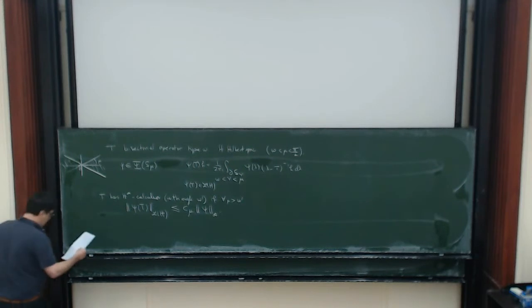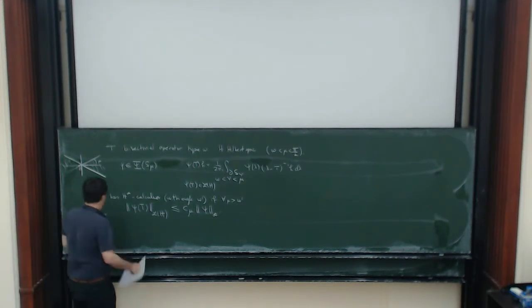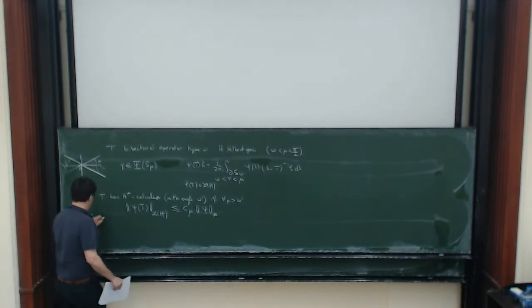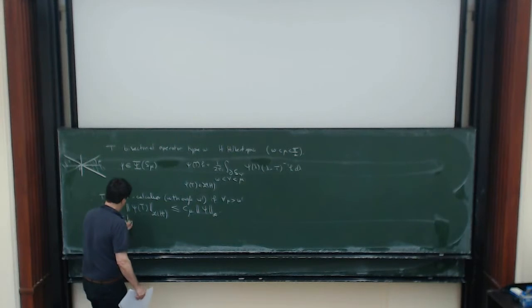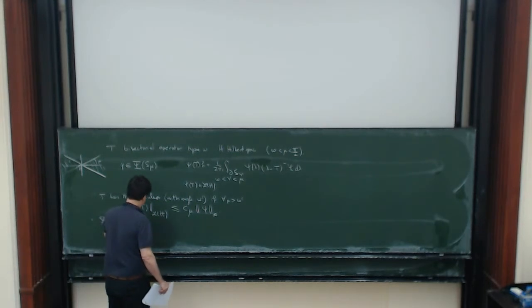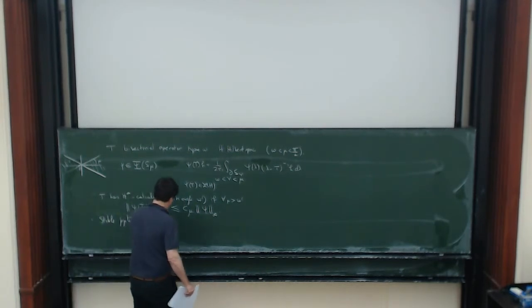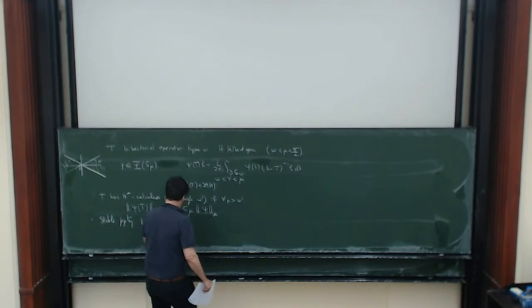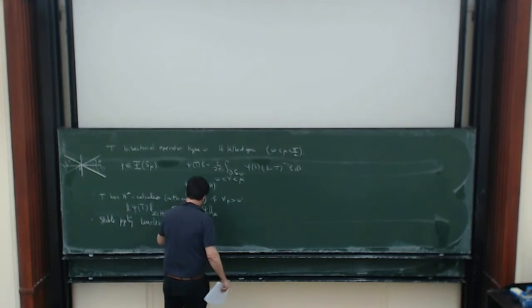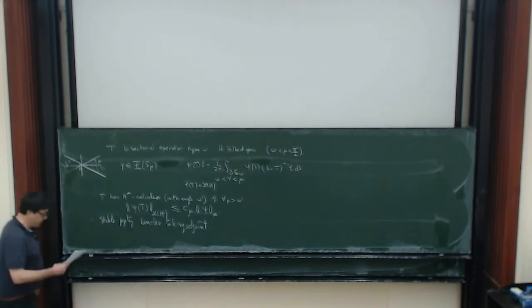Let me mention that this is a stable property under taking adjoint. So if T has an H infinity calculus, so does T star.